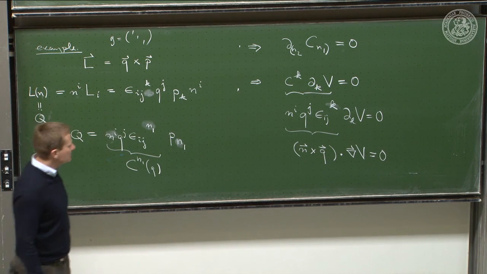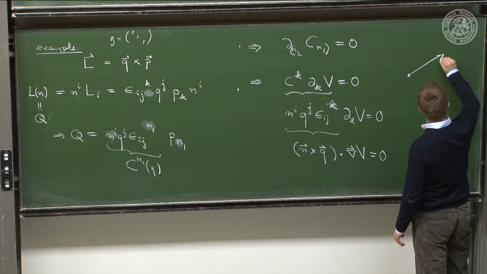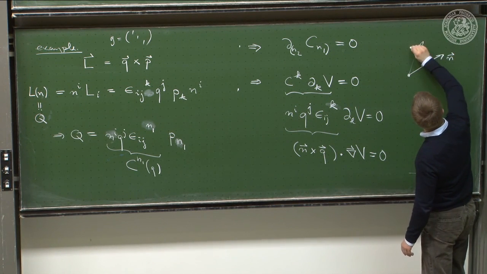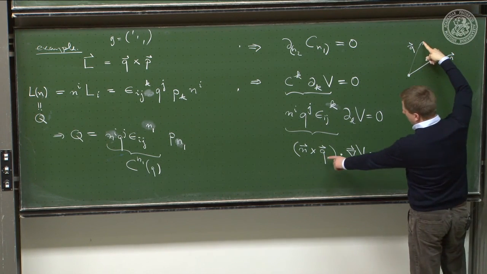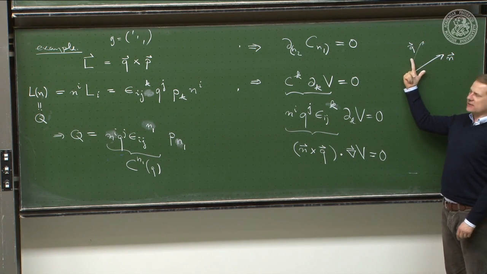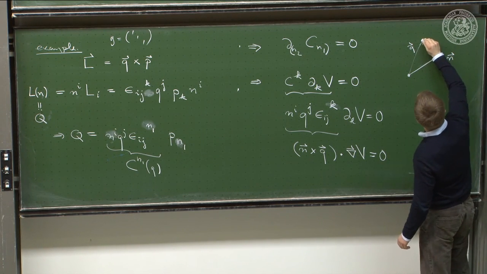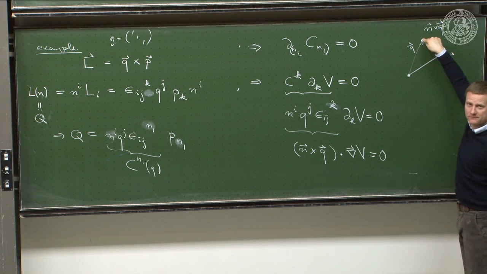Now, is this the condition? I think it is, because imagine we choose in three-dimensional space an arbitrary axis. And now we go to an arbitrary point Q, say this one. And now we evaluate n cross Q. That's a vector pointing right at you, but being here. So this vector that points right at you is n cross Q. You agree?